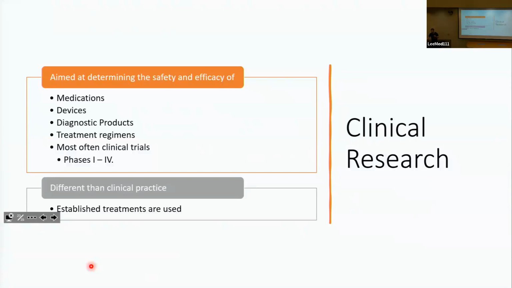So it's important to note that clinical research is different than clinical practice. Clinical research is looking to figure out what ultimately can make it into clinical practice. In clinical practice, established treatments are what are being used. So it's treatments that have gone through clinical research, phase 4 clinical trials, et cetera, and are now established. We know how they work, we know when they work, and now they are established treatments that are used.